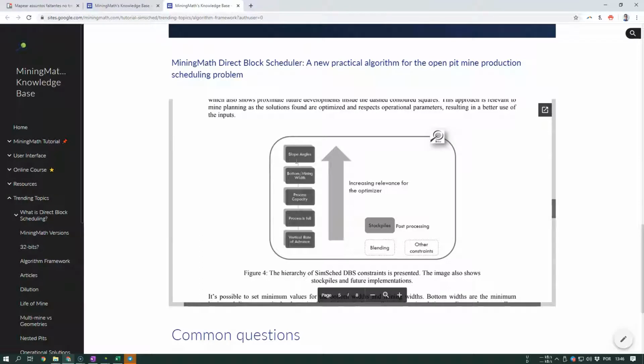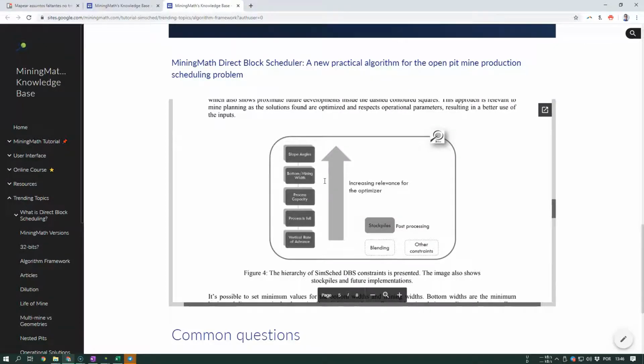So slope angles, because of this approach and because of the safety issues, or the safety levels related to it, will not be relaxed.